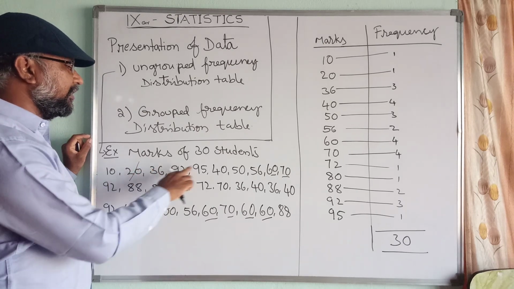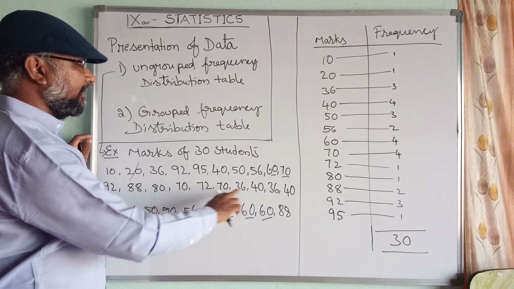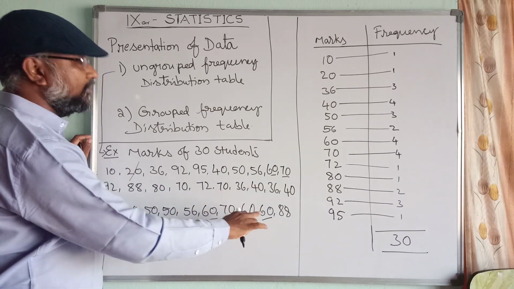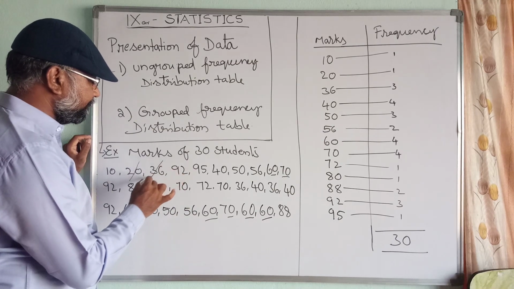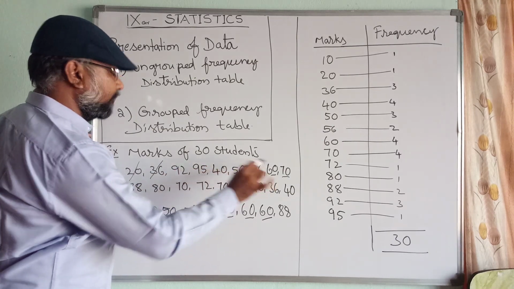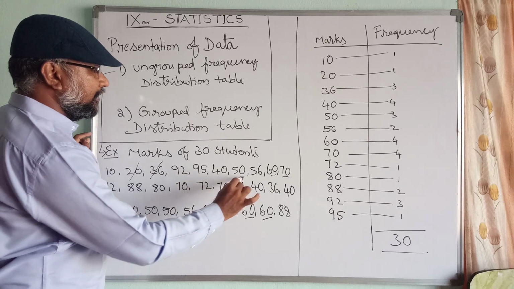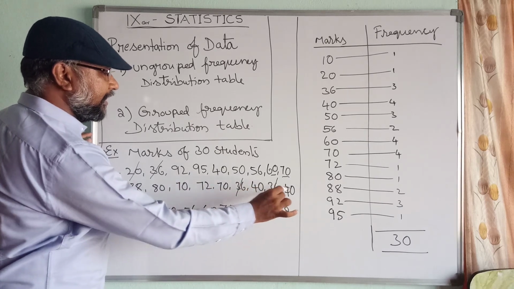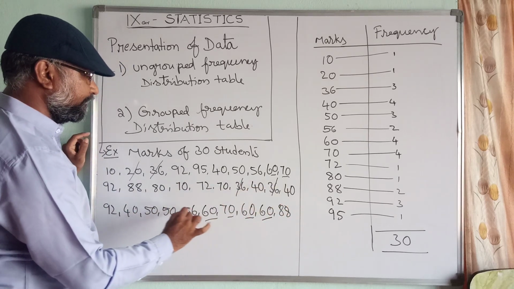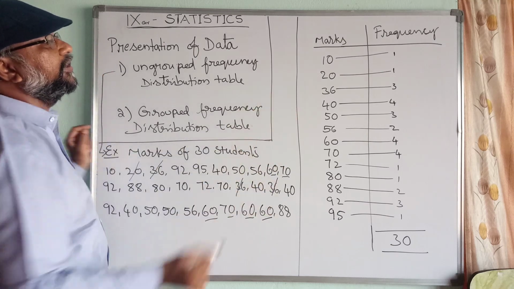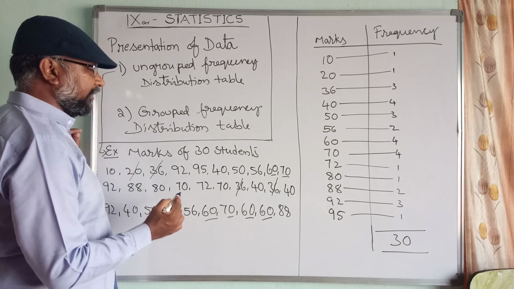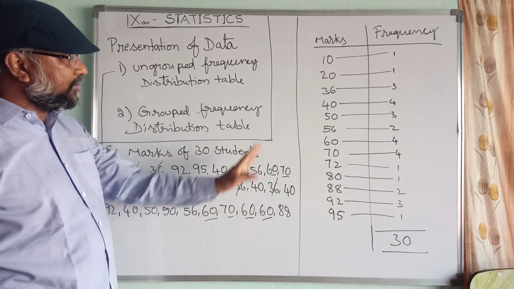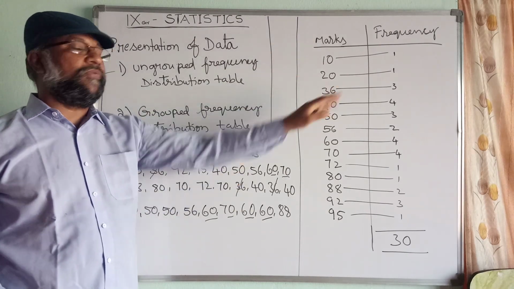If 20 is counted at any other time, you can mark it again. 36, one time, second time, third time, that's all, 3. So 36 occurred 3 times. Then 40. Likewise, you can write down the frequency.